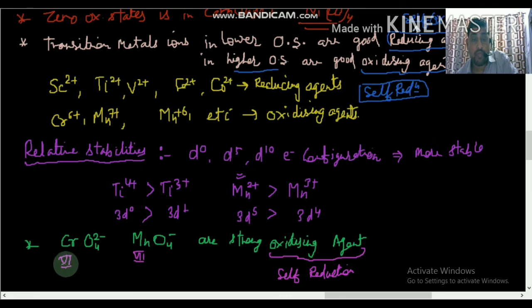So for chromium +6 is the highest oxidation state, and for manganese +7 is the highest. In these states they cannot proceed further, they have to come back. It means they have to reduce themselves. That's why they are very strong oxidizing agents. With oxygen, their maximum oxidation state can be stabilized, so they form compounds in maximum oxidation state with elements like oxygen.